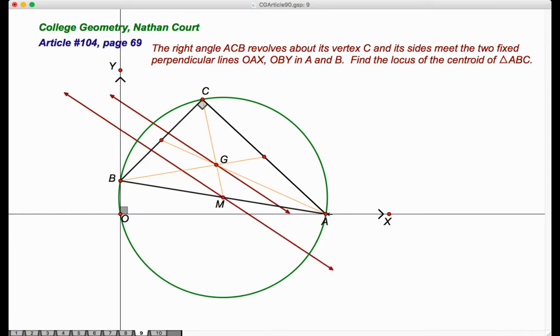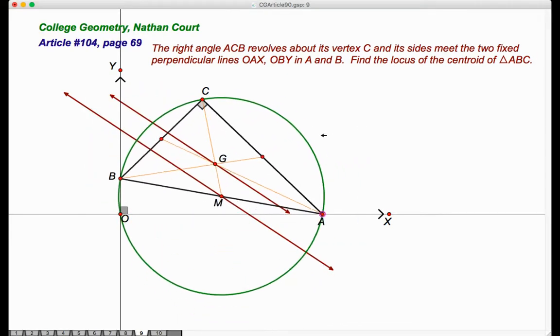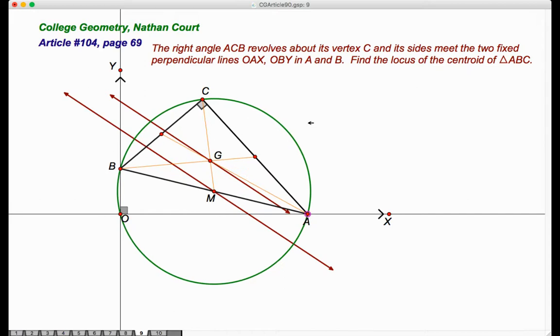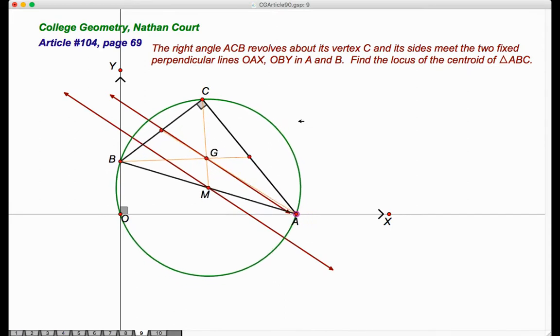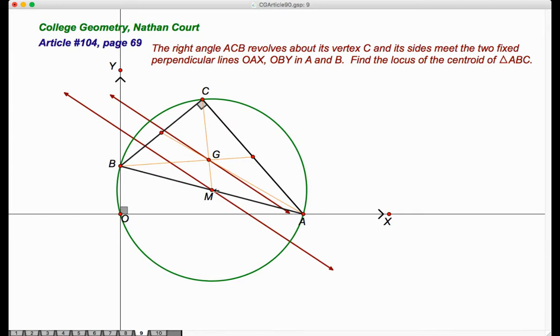And it seems like the locus of M is parallel to the locus of G. And why is that possible? Well, let's see. M is the midpoint of the hypotenuse.